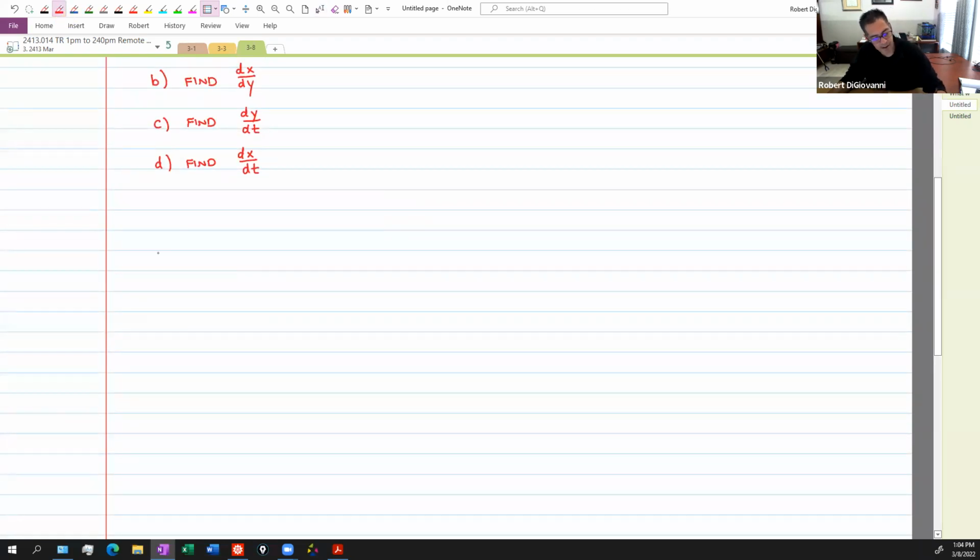This is part A. We're trying to find dy dx. So I take the derivative with respect to x on the left side of the equation. And then I will do the same thing. I will take the derivative with respect to x on the right side of the equation.